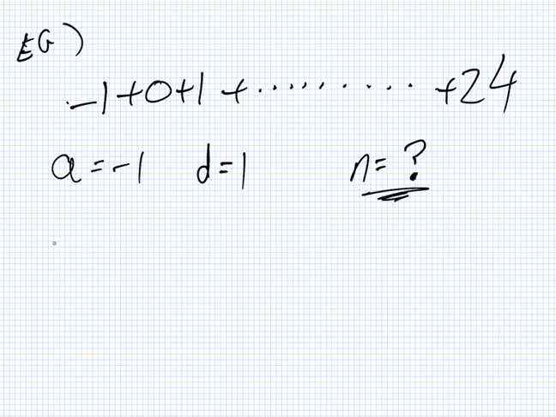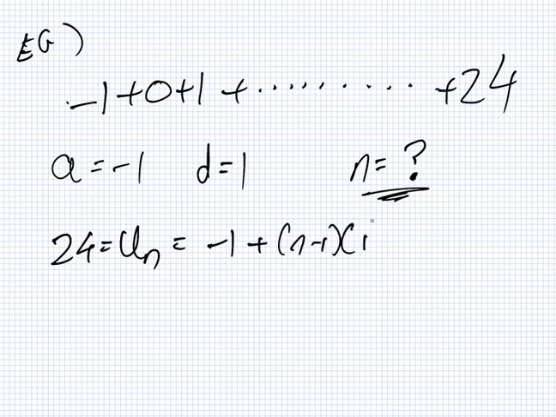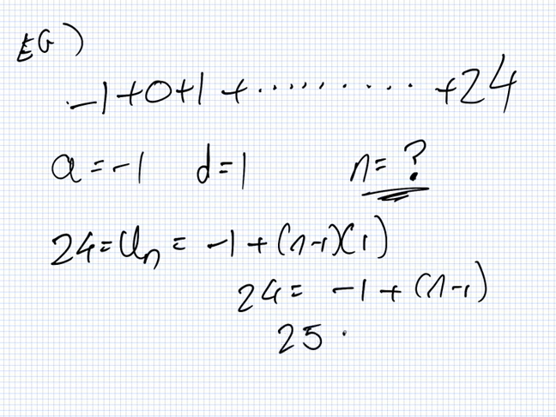Do you remember how to do that? We'll say 24 is un, which is a plus n minus 1 times d. So that means 24 is minus 1 plus n minus 1. So that means 25 is n minus 1. So that means n is 26.